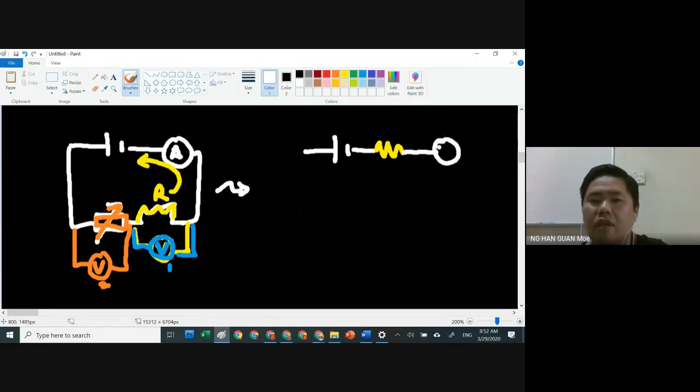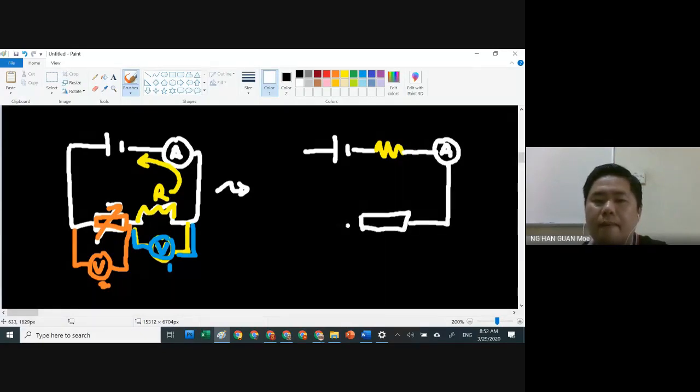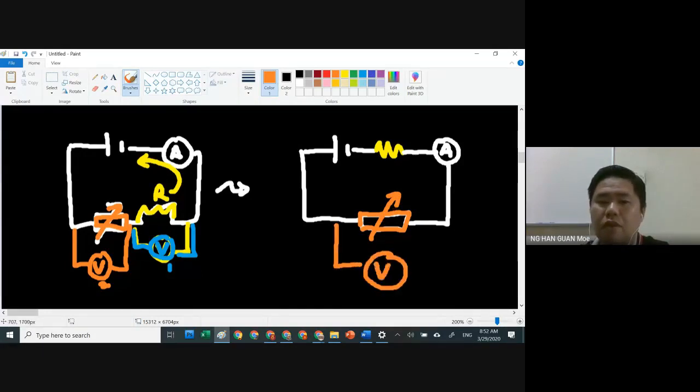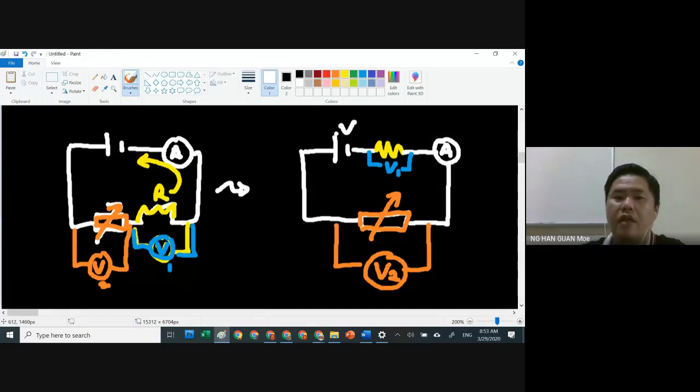Here is the resistor. So here is our V2, this one is our V1, and here is still our V. Is it okay for you if I show it like this? Actually, the understanding is still the same.